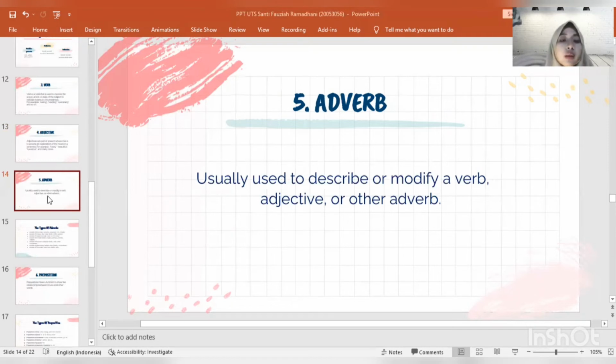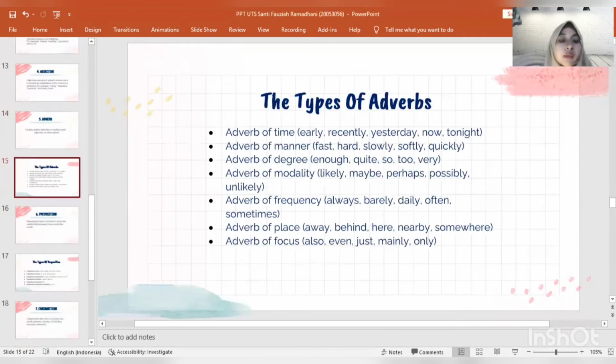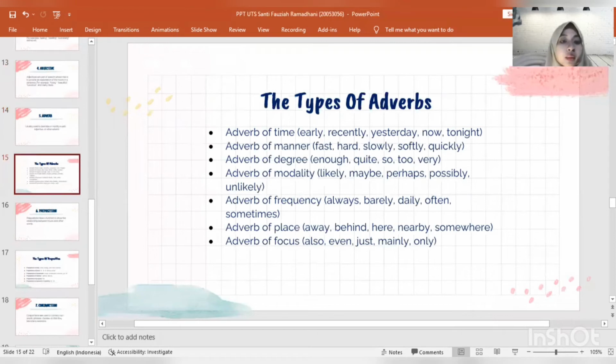The types of adverb: the first is adverb of time. For example, early, recently, yesterday, now, tonight. The second is adverb of manner. For example, fast, hard, slowly, softly, quickly.